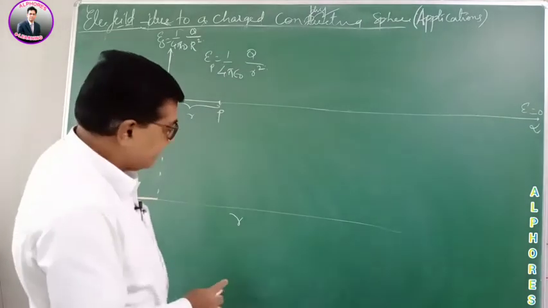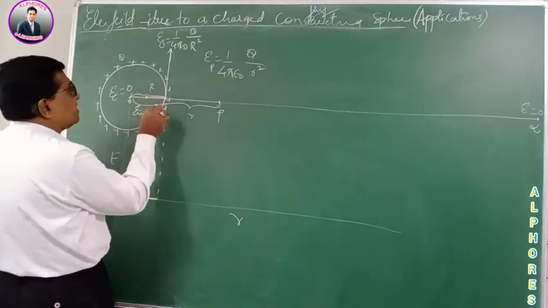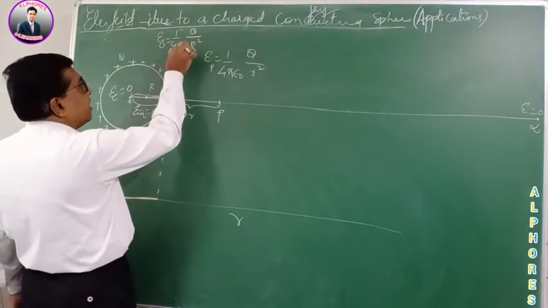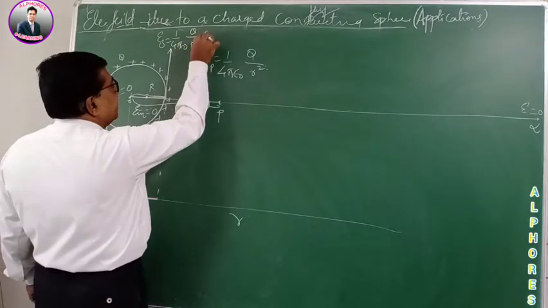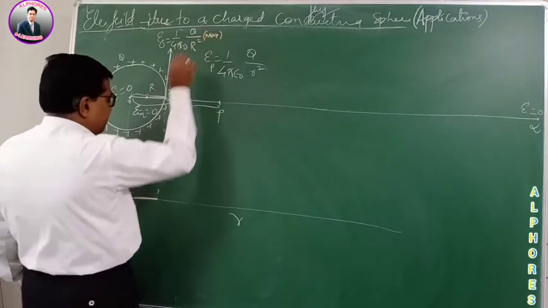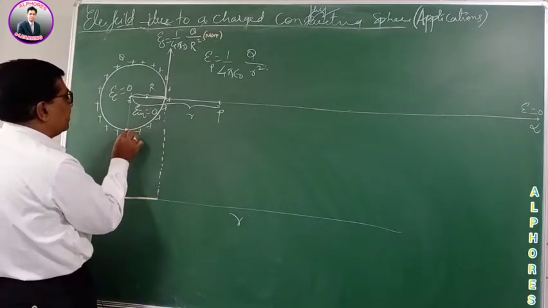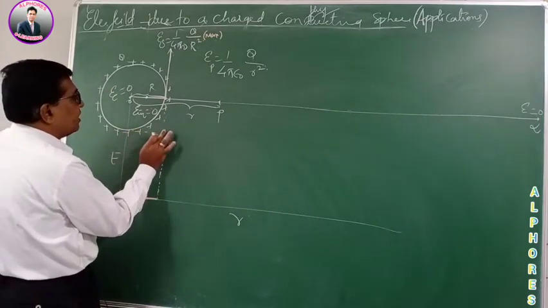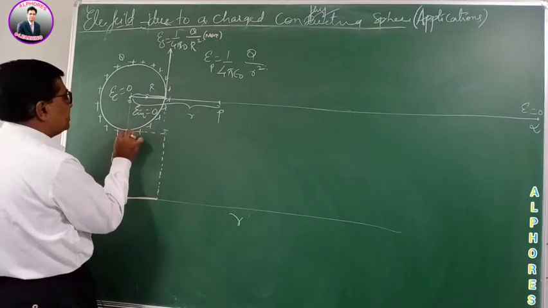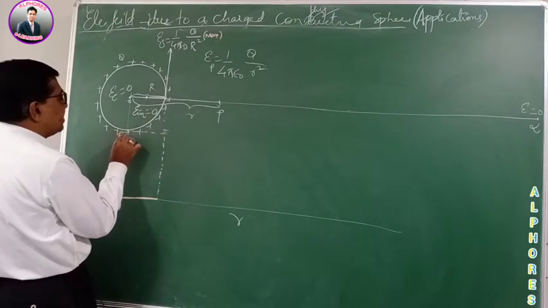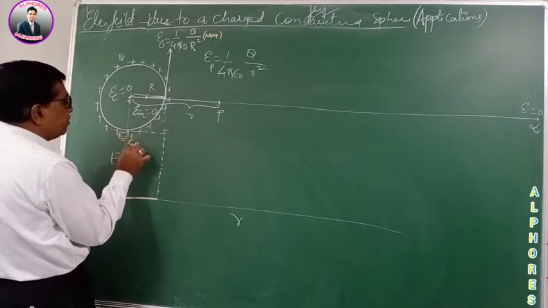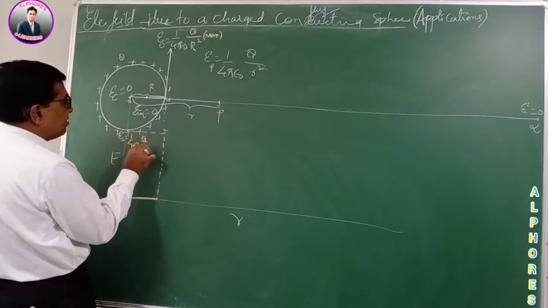No net field inside. On the surface, the electric field is 1 by 4 pi epsilon naught q by R square.